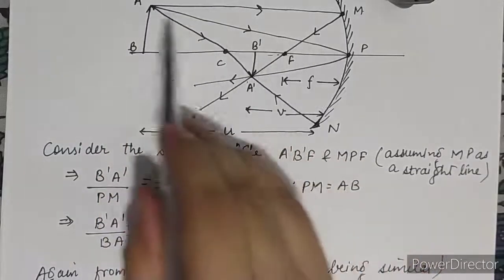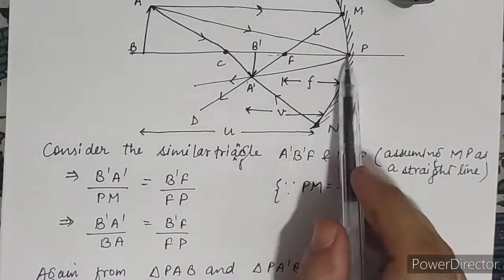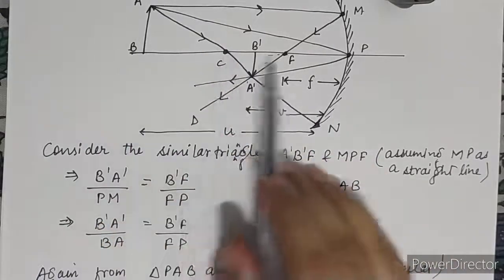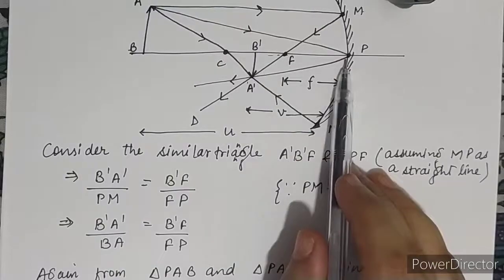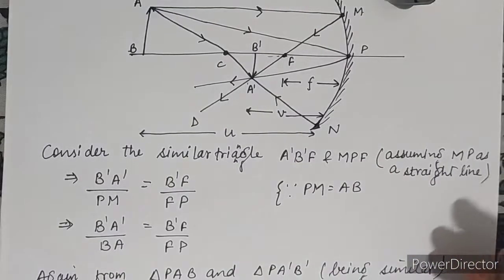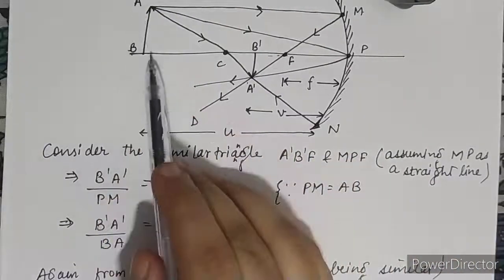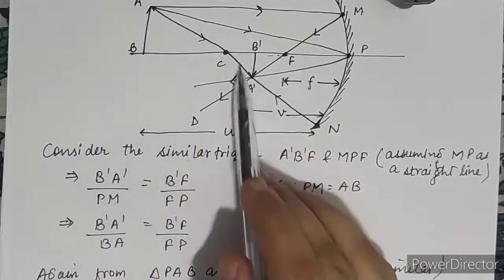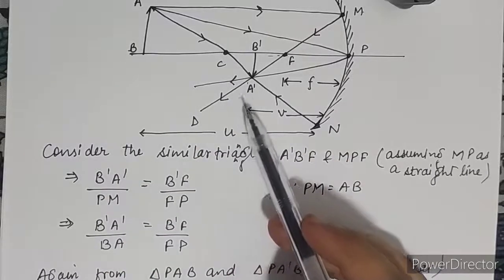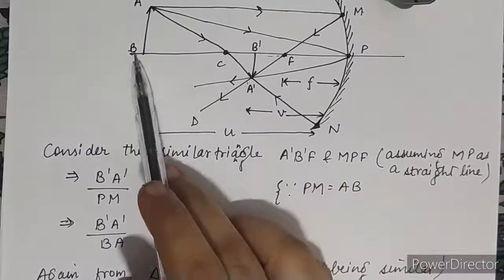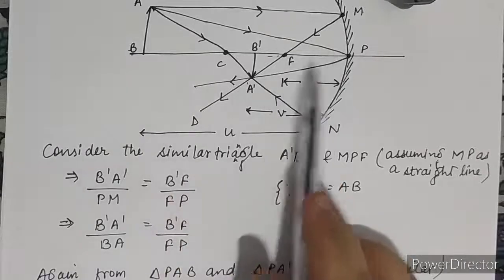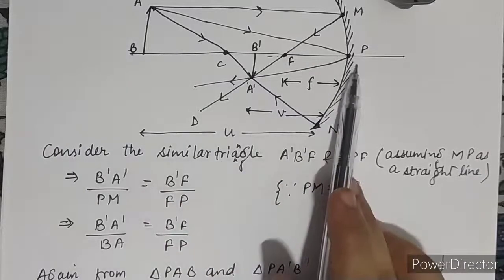PAB, this bigger triangle, PAB and PAB. Okay, clear? PAB means object through the pole and image through the pole. So again I am taking the ratios B'A' upon BA and B'P is equal to BP.